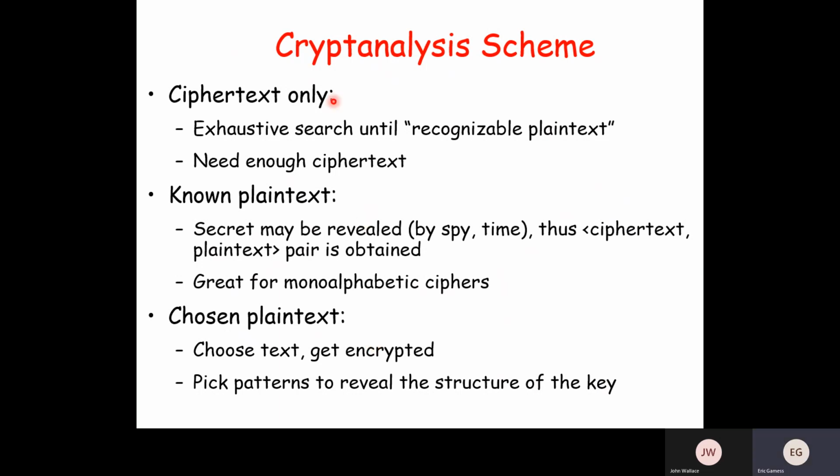People that work in cryptanalysis, when they try to find weaknesses in your algorithm, can have three different possible cases. For example, one case, they just have some fraction of ciphertext. When they just have that, it's very difficult for them to find weaknesses in your algorithm or to reverse engineer it.